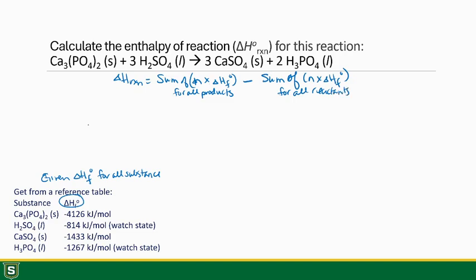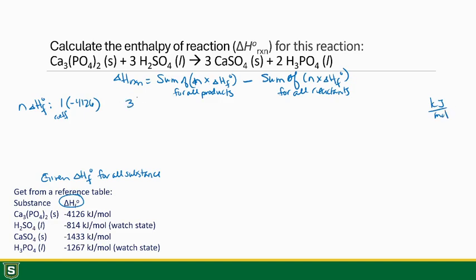So I kind of like to just do terms of n ΔHf. So I know that this is 1, because that's the coefficient for calcium phosphate, and we find calcium phosphate is -4126. We'll assume these are all in kilojoules per mole, so I'm not going to write the units.